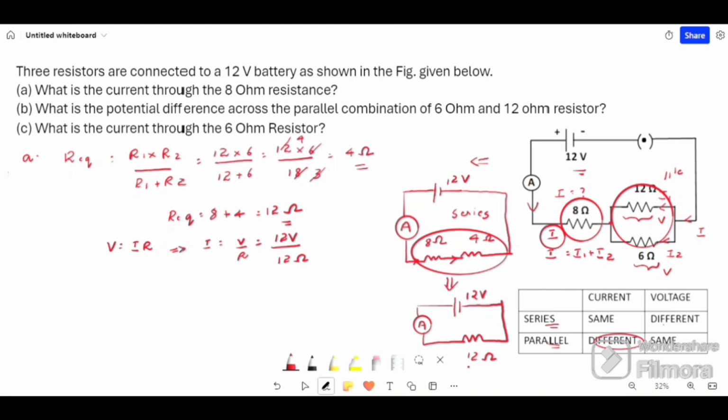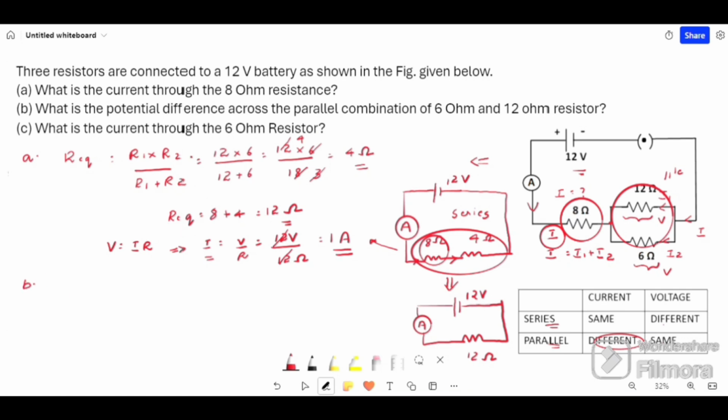Now 12 volt and 12 ohm will get cancelled and we have 1 ampere as current. As we know, total current I is flowing in 8 ohm resistor. So 1 ampere current is flowing in 8 ohm resistor.